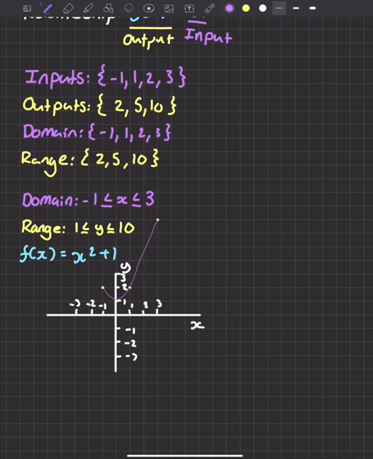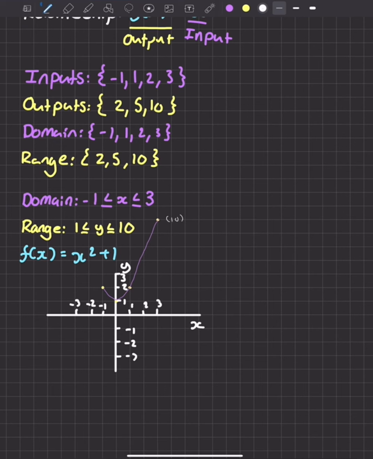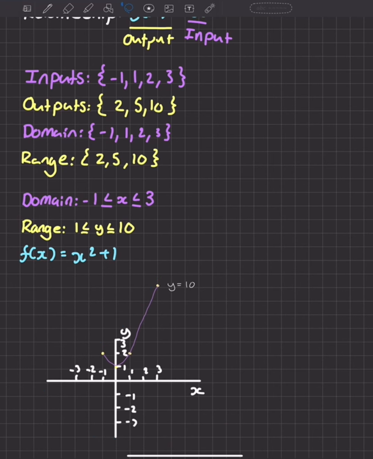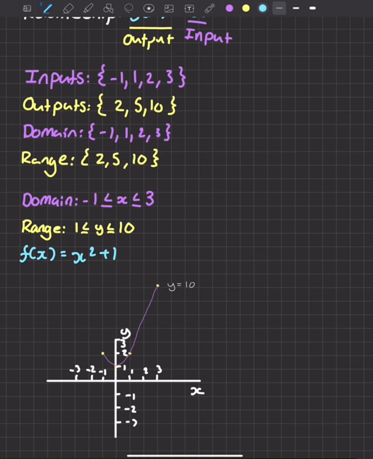With the domain, let's say that this point here is at 10. So y equals 10. You can see that's your range. Let's move this graph down a bit. Your range is all the y values you have. And as we stated earlier, the range for this function is 1 to 10.